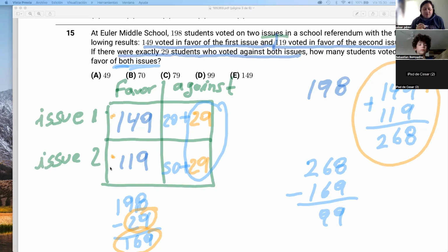Entonces, de los 268 que votaron a favor, quitamos los 169 que votaron al menos por una de ellas. Quiere decir que hay 99 votos de más. Entonces, 99 personas debieron votar por ambos asuntos, ¿no? So the answer is 99. Okay?